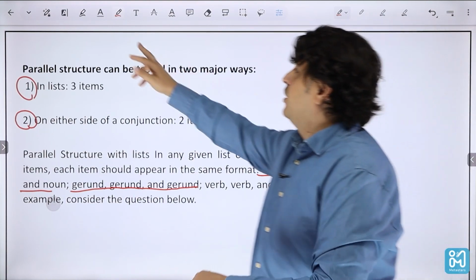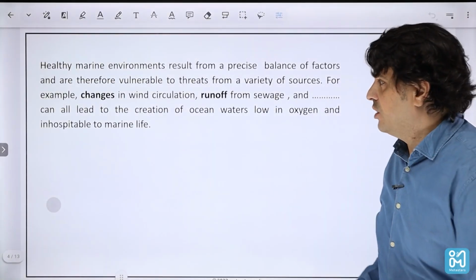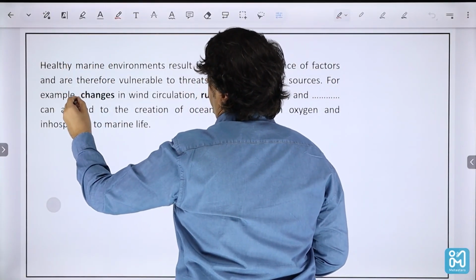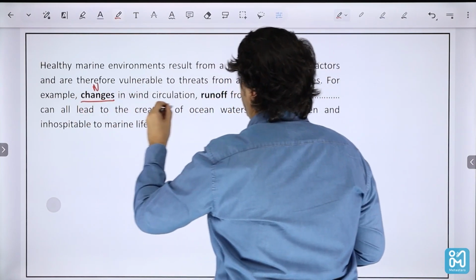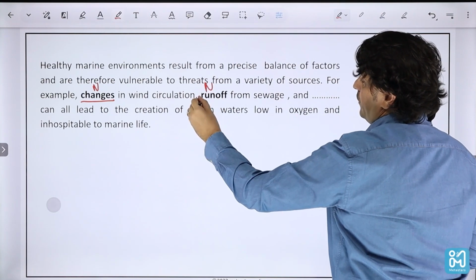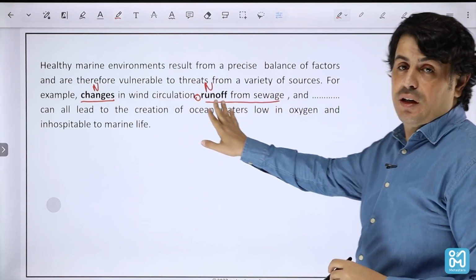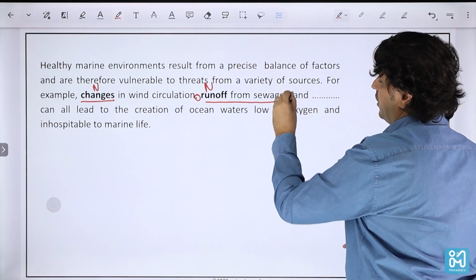Now, consider the questions below. Look at this example, guys. For sure it started with a noun, and I should have another noun. After I finish the first item, I should have a comma, as usual. If I finish the second item, I should have another comma.